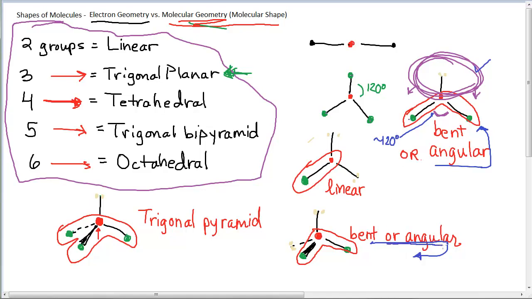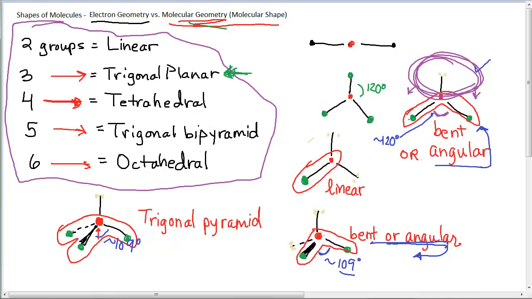This bent or angular down below has an electron geometry of a tetrahedron, so the angle here is about 109.5. Again, it actually is a little smaller than that because of the lone pair, but it's the angle that we see on a tetrahedron. I forgot to put it over here, but this angle would be at about 109.5. It's the angle we see for a tetrahedron.